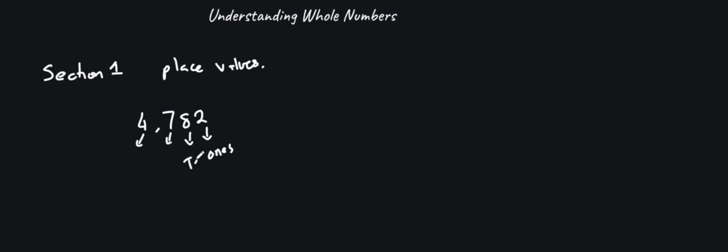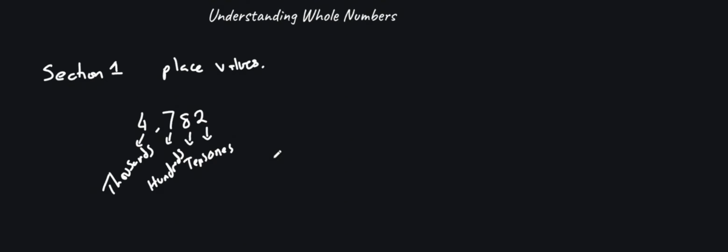So it's ones, tens, hundreds, and thousands. For example, 4 means 4 thousands, 7 means 700, 8 means 8 tens, and 2 means 2 ones.